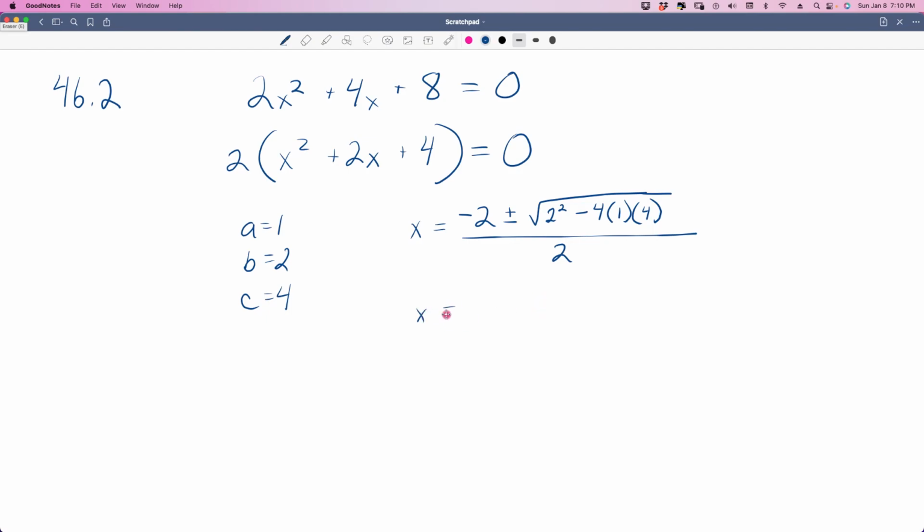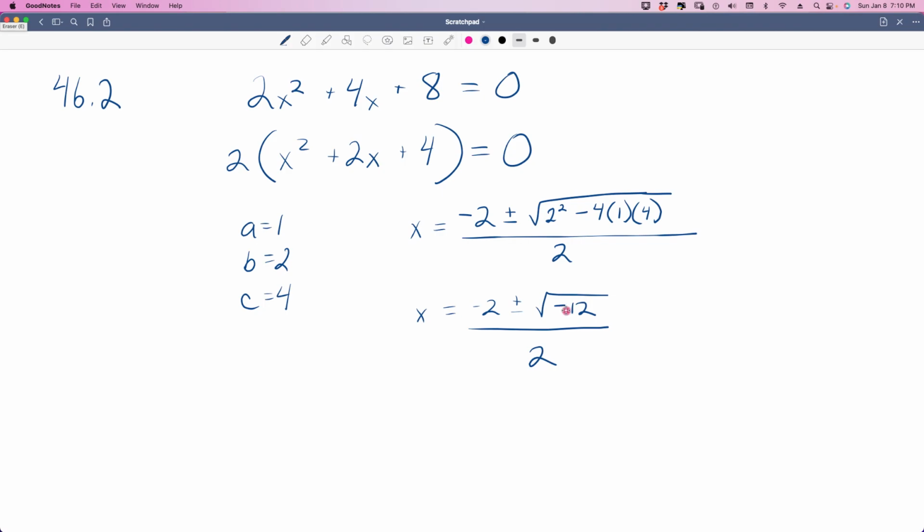So x is equal to negative 2 plus or minus the square root of 4 minus 16. So that would be negative 12, divided by 2. All right, so now we can factor this out.